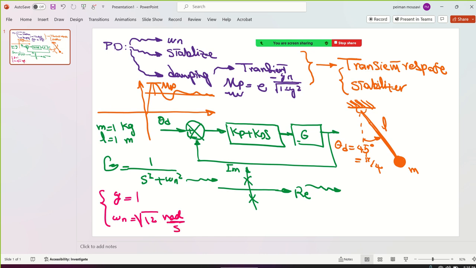Why? Because the pendulum can be counted as a one degree of freedom robot mounted on a rover on Mars. So you don't want to have an overshoot on the system. This is dangerous for robotic situations.